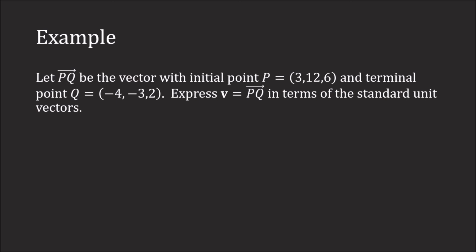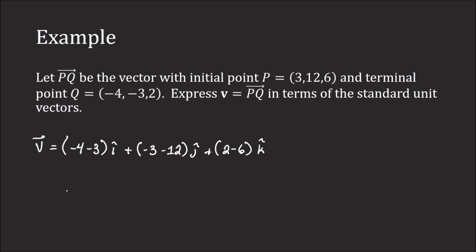Well, we can still find it the same way. It'll be the terminal coordinate minus the initial coordinate. So we get our vector to be negative 7i minus 15j minus 4k.